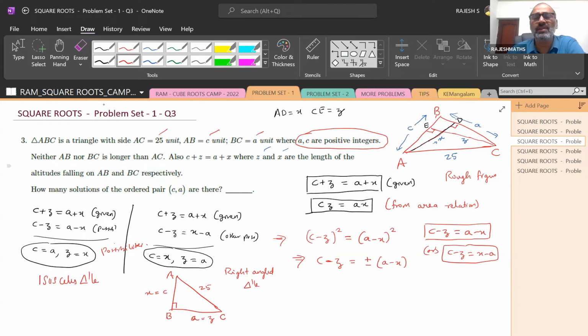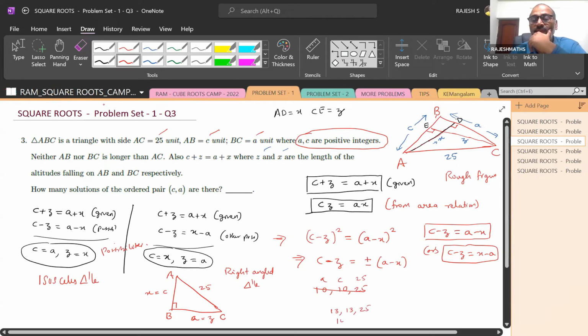It cannot take something like 10, 10, 25, because the sum of two sides must be greater than the third side. So it should start from 13, 13, 25, 14, 14, 25, and so on.